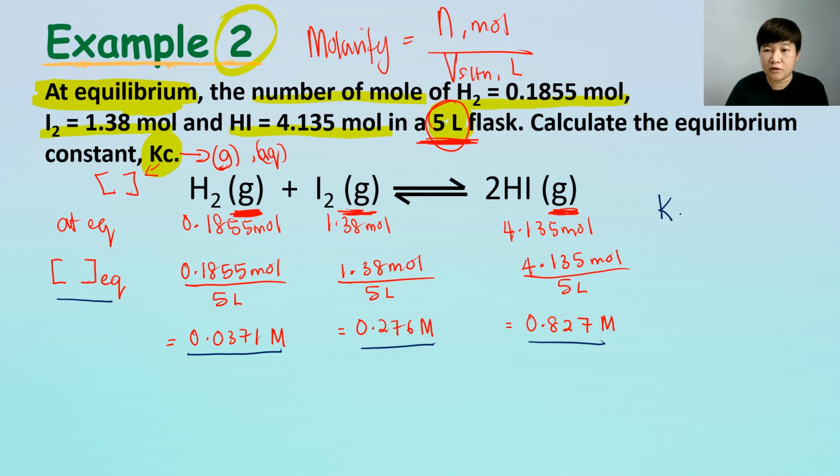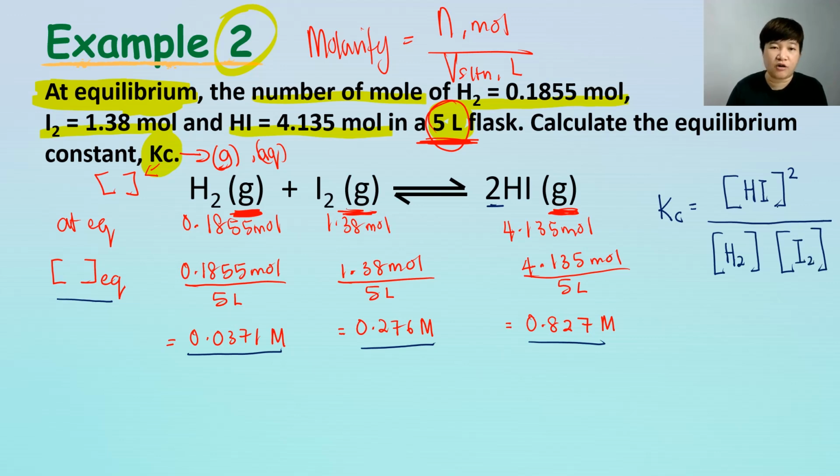So the Kc over here will be product versus reactant. So the product that I have, HI to the power of 2, coefficient 2, over H2 to the power of 1 and the I2 to the power of 1, because the coefficient is 1 over here.